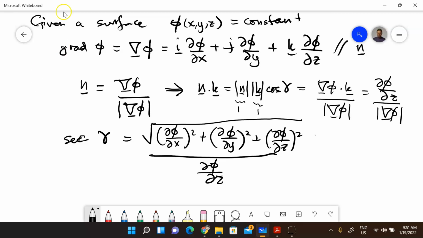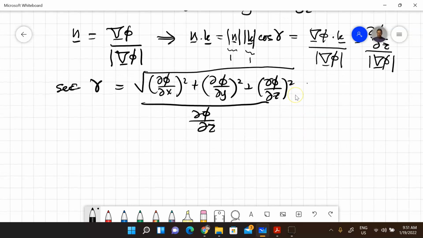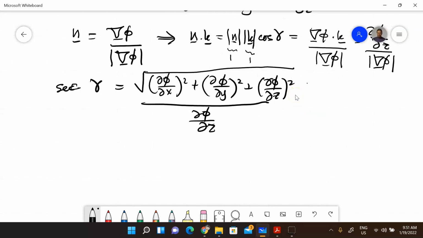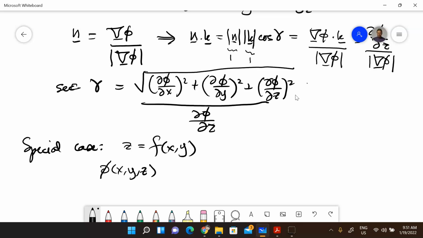Let me consider a special case, an example here, because that should be of interest. Here your phi x, y, z will simply equal z minus f of x, y.